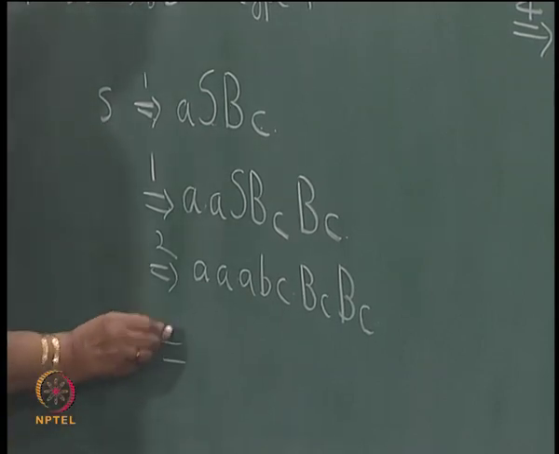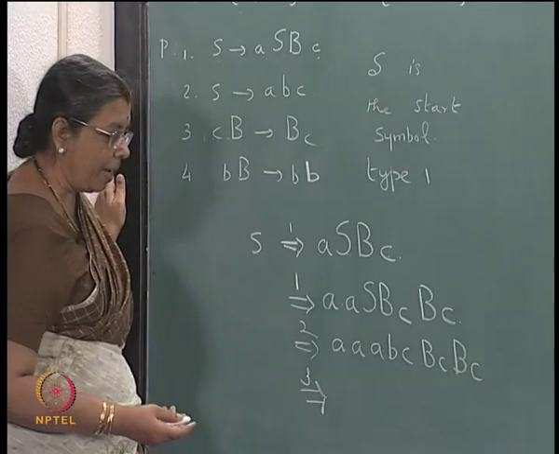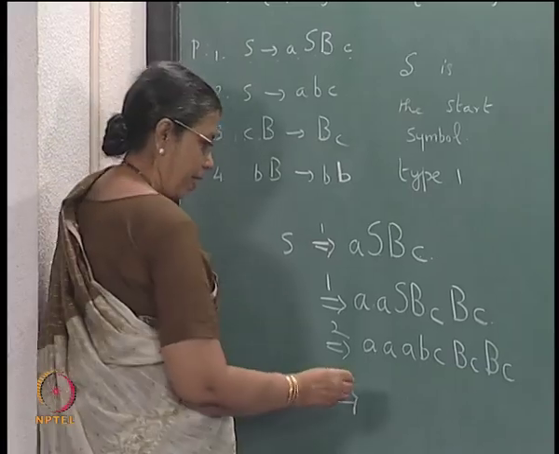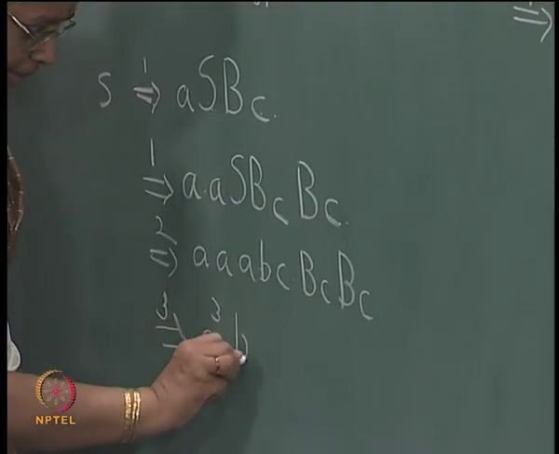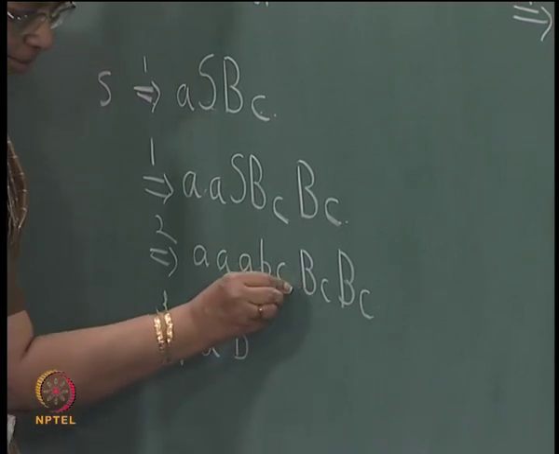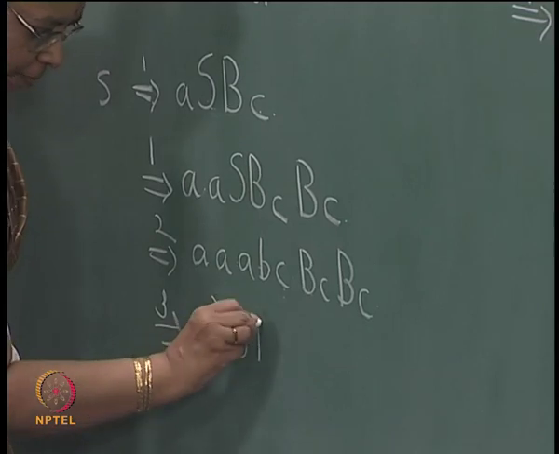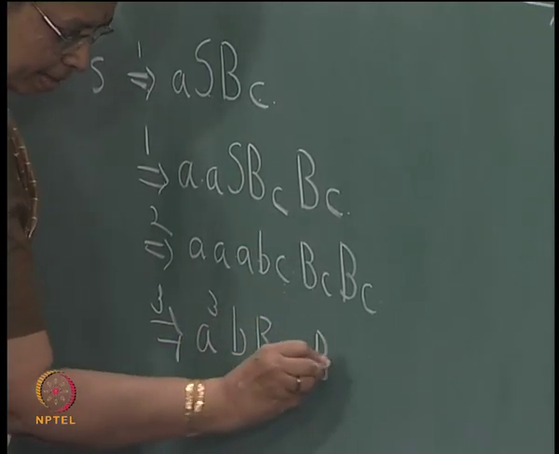Now, use rule 3 repeatedly to bring the capital B's to the left and shift the C's to the right. So, you will have a cubed b. If you apply the rule for this CB you will get a cubed bBCCBC.